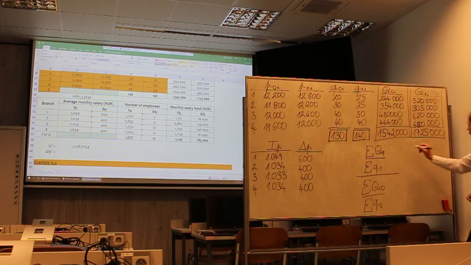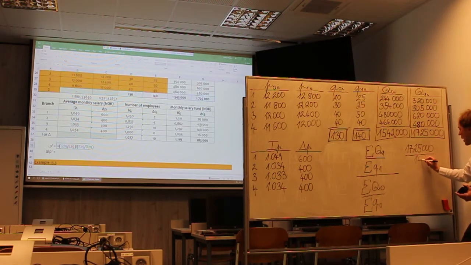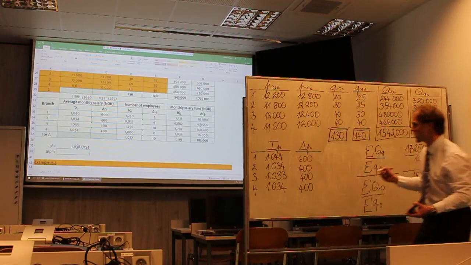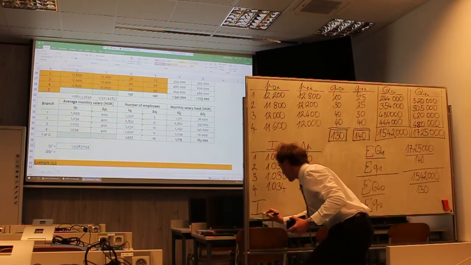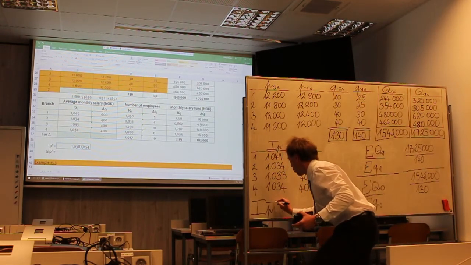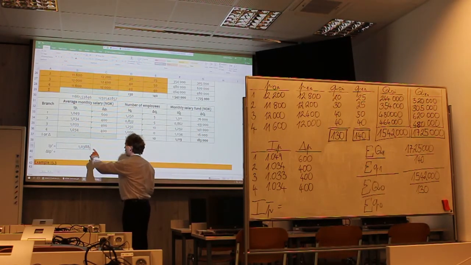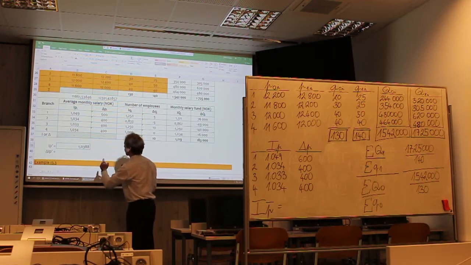So please calculate 1,725,000 divided by 140, and this will be divided by 1,542,000 divided by 130, and this will be the index for average wage. Just 3 decimals will be enough.